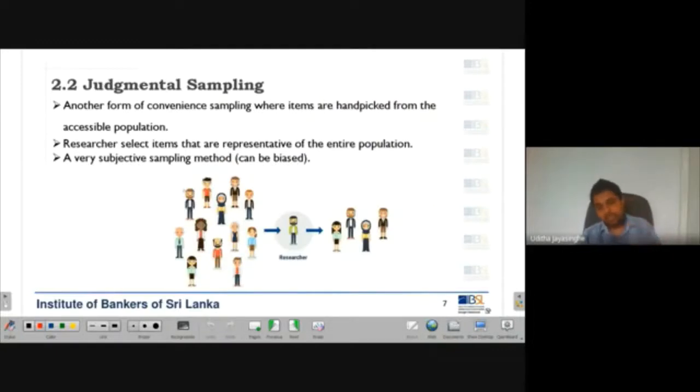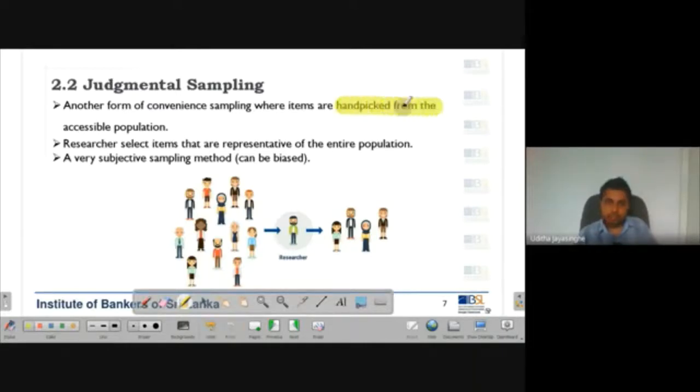For judgmental, the keywords to keep in mind are hand-picked items, selected items. Highlight that part, hand-picked from accessible population.